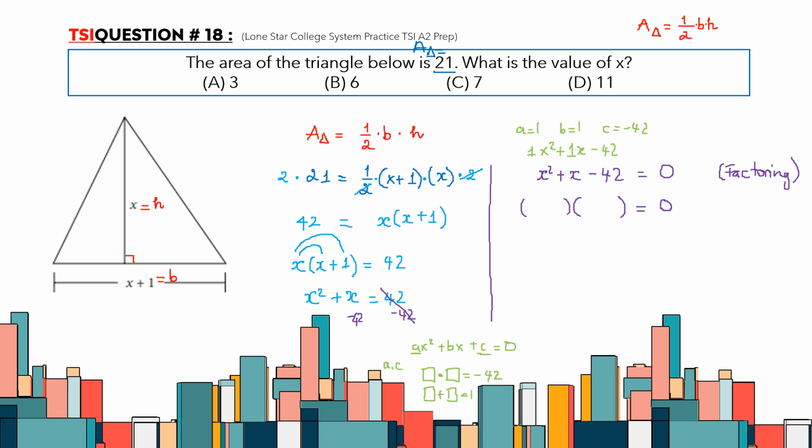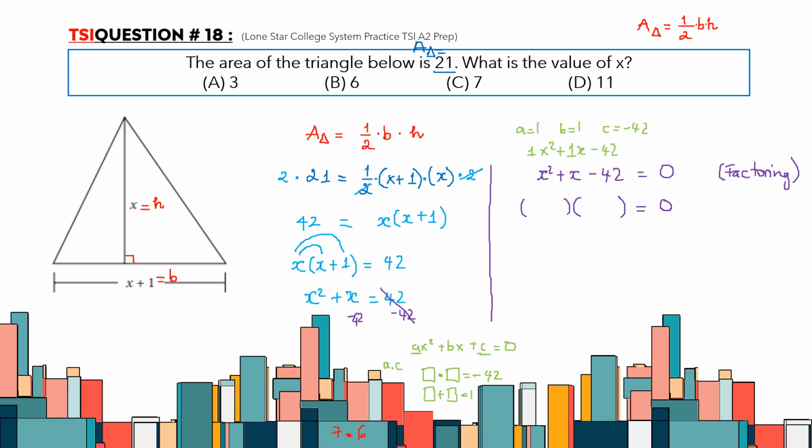So for the negative 42, we can have two numbers where one of them is positive and the other is negative, which makes it negative. And also the difference between the two numbers will be 1. For 42, we can think about 42 and 1, 21 and 2, and also 7 and 6.